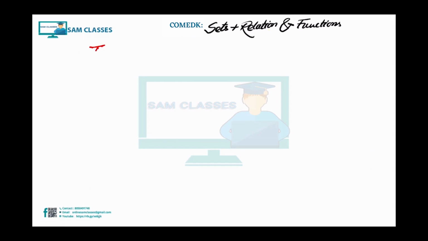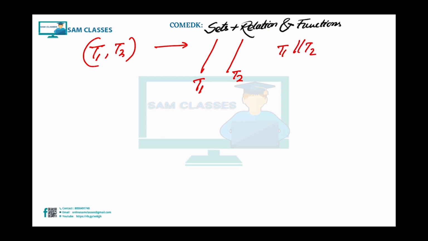Let's see a simple example. Let's say line T1 is parallel to T2. This is T1, this is T2, and we made a condition that T1 is parallel to T2. Now the other condition we have taken: T2 is parallel to T3.